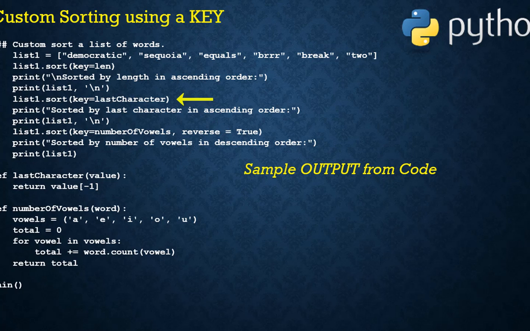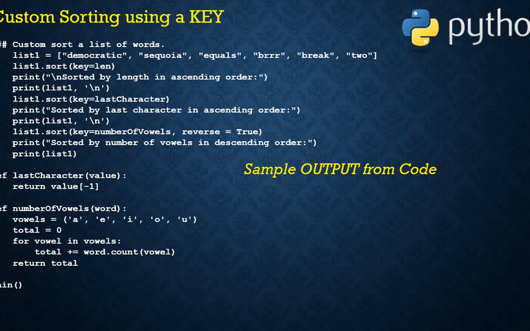Next, we sort the list using the key last character. Last character is a function that we write, and we see that the last character function accepts as a value each element of the list, one after the other, to do the sorting routine.